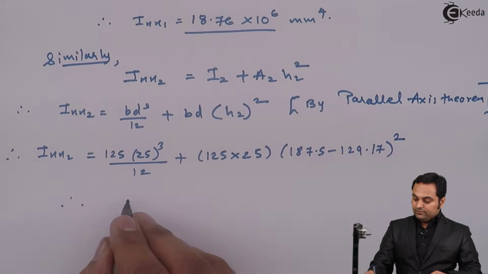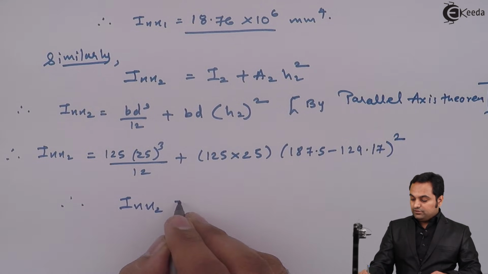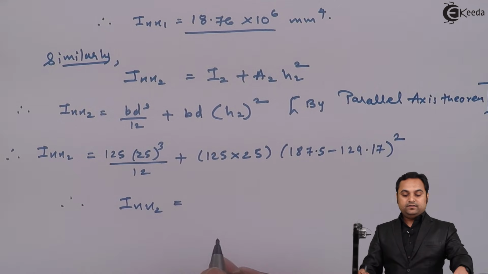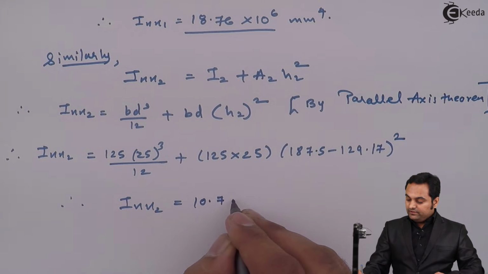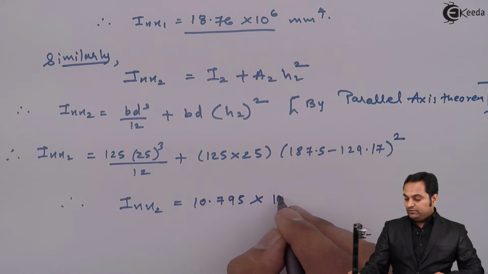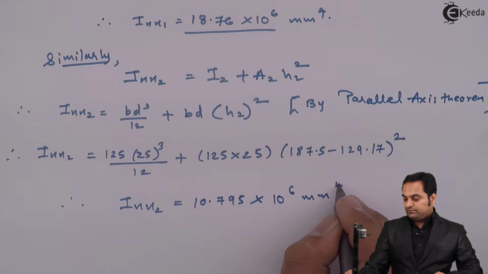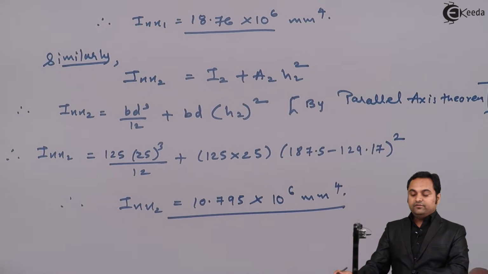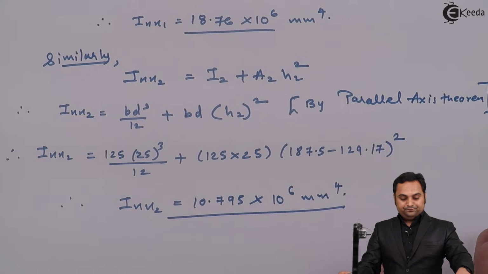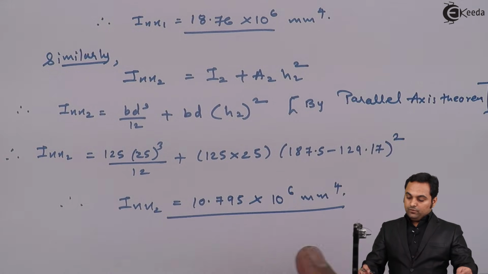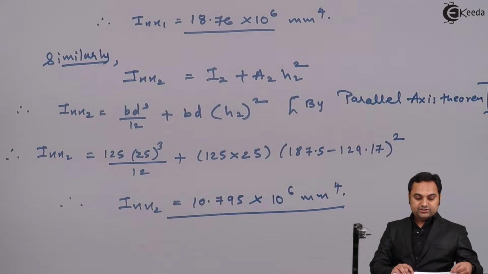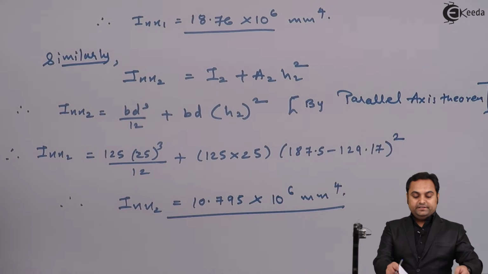So from this I'll get the answer of Ixx2, and that comes out to be 10.795 into 10 raised to 6 mm raised to 4. So here I have the value of Ixx2. Now after getting the value of Ixx2, the next thing would be putting these values in equation number second to get Ixx.